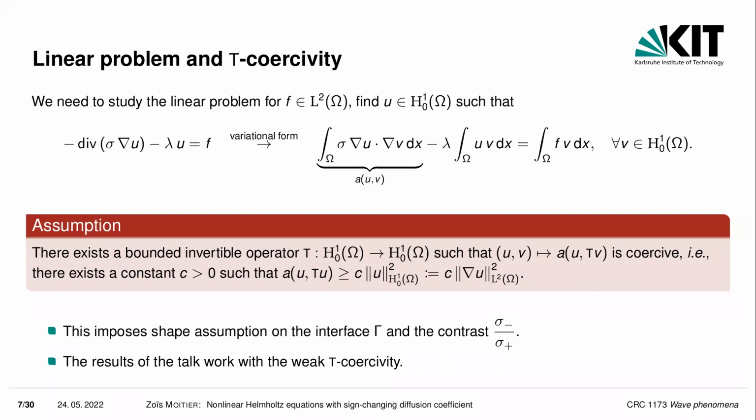We will see why in a bit. And for those who know a little bit about this kind of T-coercivity assumption, everything in my talk will also be true if I replace this T-coercivity assumption by this weak T-coercivity assumption. But for simplicity, I will just restrict to the T-coercivity assumption.